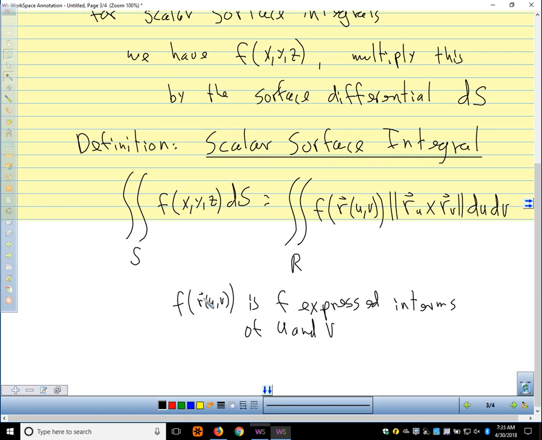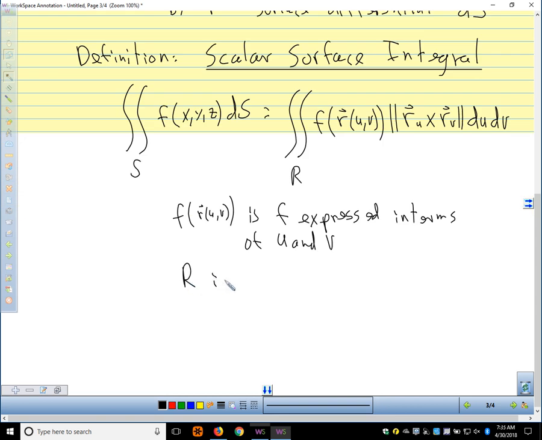And R is the region in the uv plane. So we have a surface above some region in the uv plane. And this is how we're going to evaluate our integral.